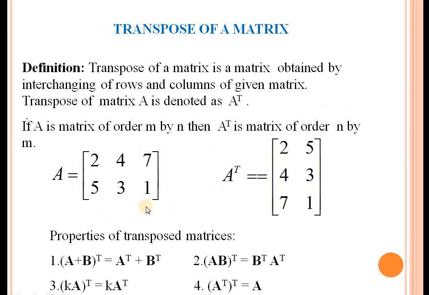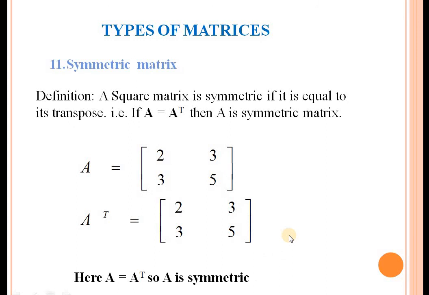Now we see properties of transpose of a matrix. First, (A plus B) transpose is the same as A transpose plus B transpose. The second property, (AB) whole transpose is the same as B transpose into A transpose. It is also known as the reverse law for transpose.